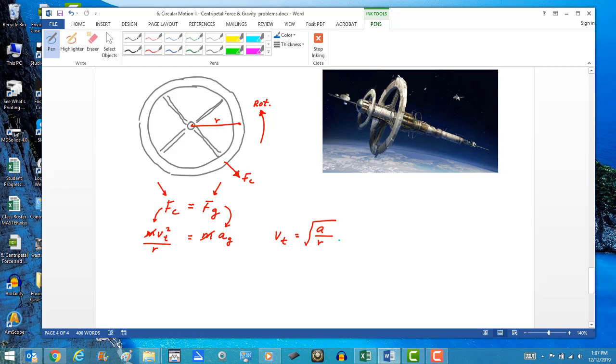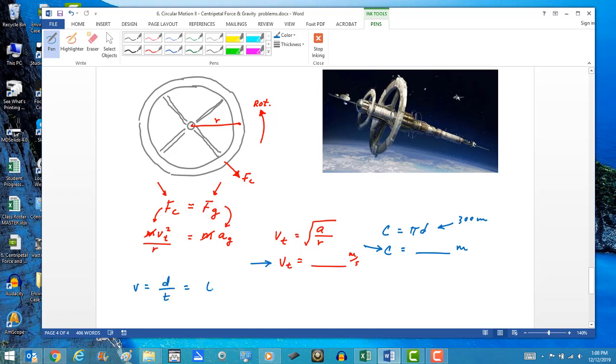Now, how far is the distance in one revolution? Circumference is pi times diameter, so you can solve for the circumference. It's between 900 and 1,000 meters. Now that we know the velocity and we know the circumference, you can solve for the time in one rotation, because the formula for velocity is distance over time.